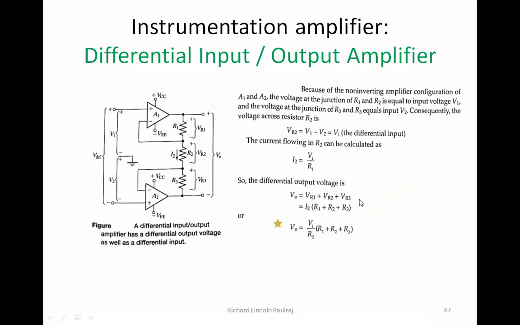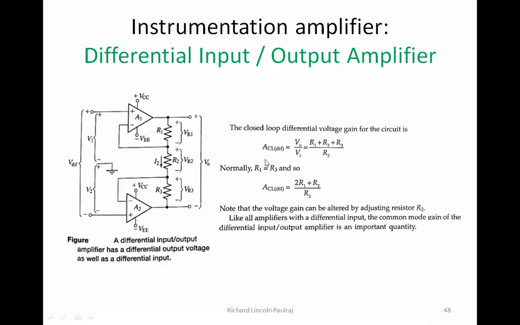This is an important formula, where I can control my output voltage V0, and this control is happening with the help of R2. Not only this kind of differential inputs, where V1 is different and V2 is different, but we even tried to combine these input terminals together and give a common input voltage. We have seen that too.